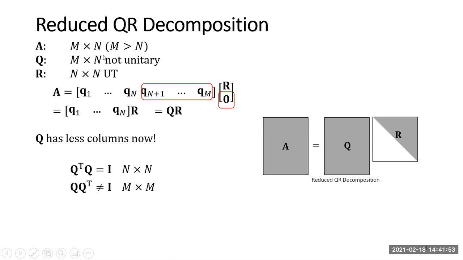So it will be N. Q transpose Q will give you I, but Q Q transpose will not be a full rank matrix. Although it's an M by M matrix, the rank of this matrix will be N, hence Q Q transpose is no longer equal to the identity matrix.